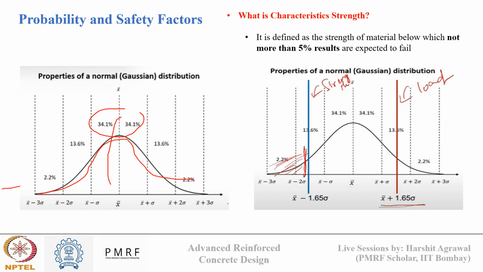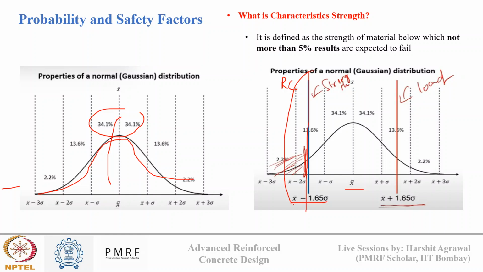Okay. And in the second graph, we see how this normal distribution applies to design. So for strength, we don't use the average value. We use a value of mean minus 1.65 times the standard deviation. Okay, so this is the strength that we consider for our RC structure.